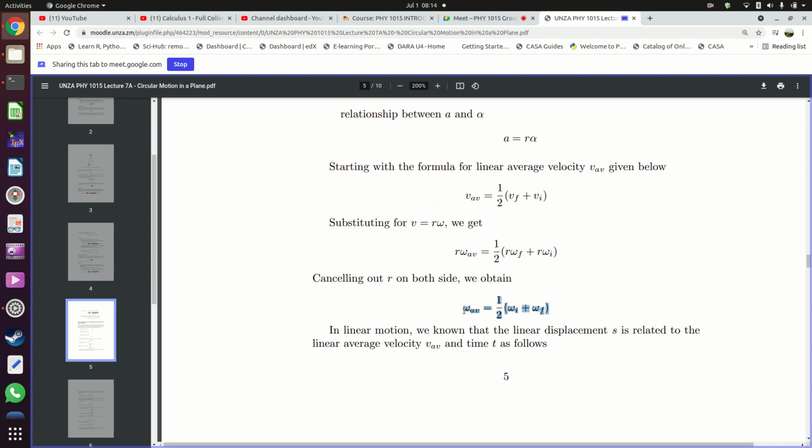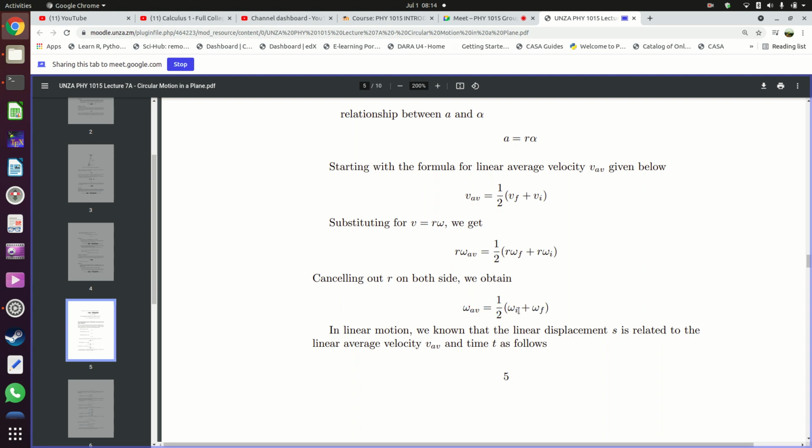So if you have an object spinning at a certain speed, it has an initial angular velocity. Then after a certain amount of time, this object begins to spin faster, so you end up having omega f.